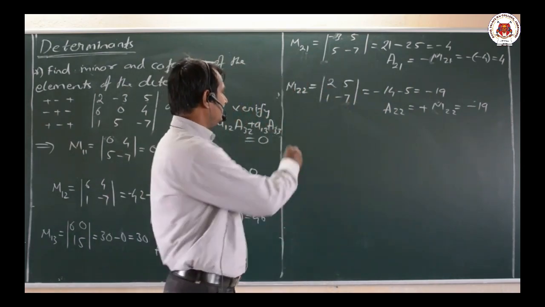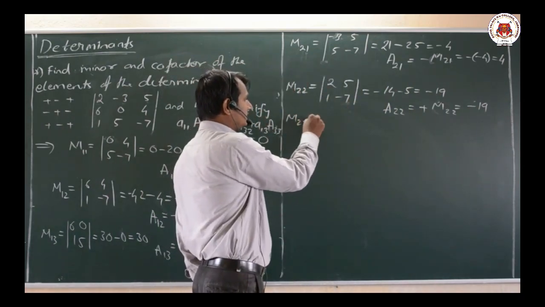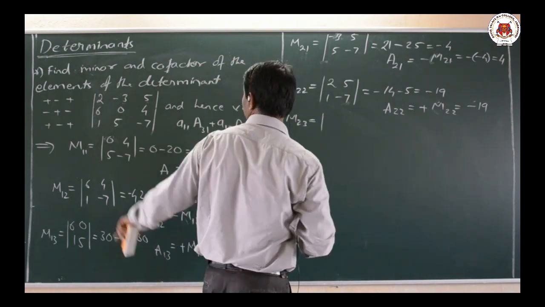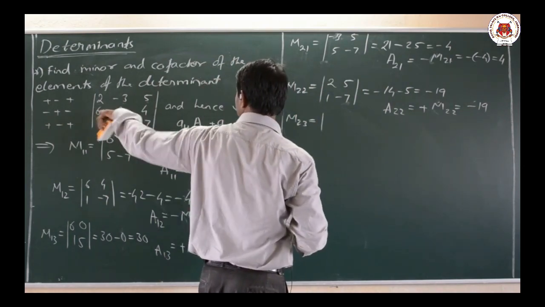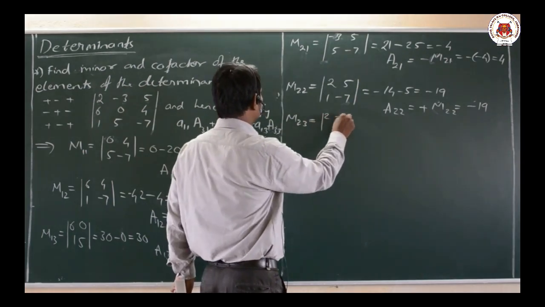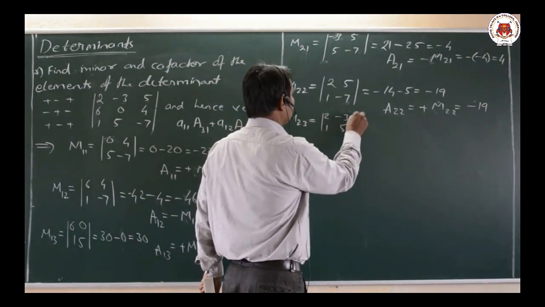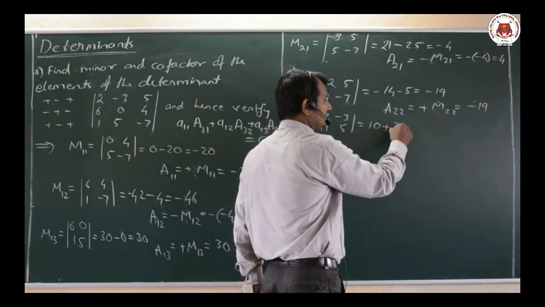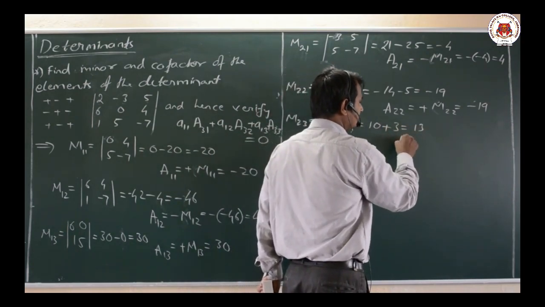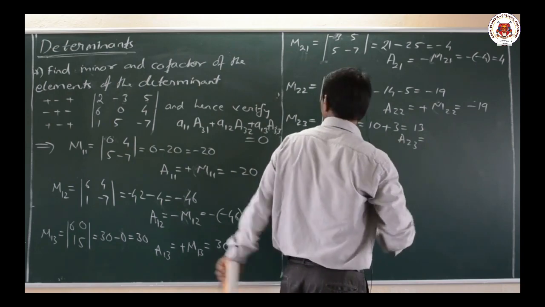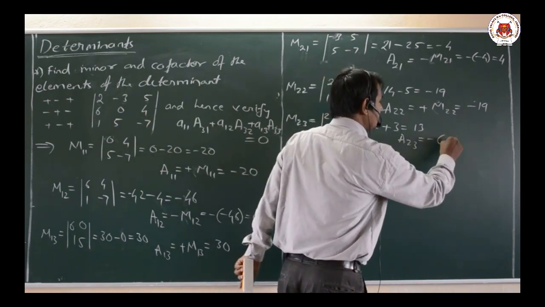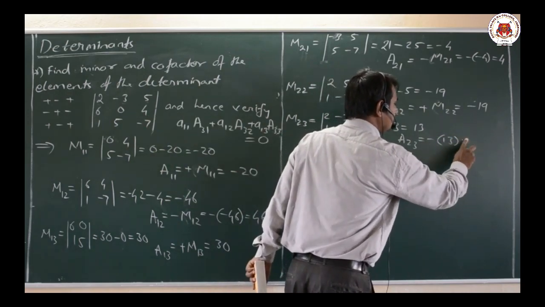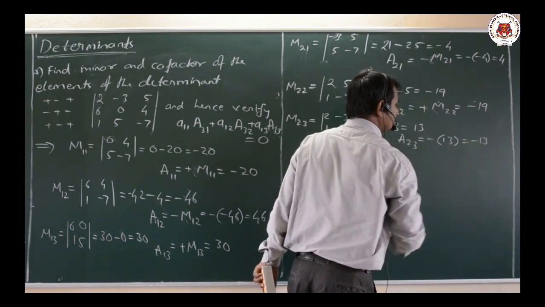Now similarly, M23, which is the determinant of the minor of 4, leaving this row and column, that is 2 -3 1 5. 5 2s are 10, minus into minus plus 3, that is 13, and hence here A23, this 4 sign is negative, so -13.